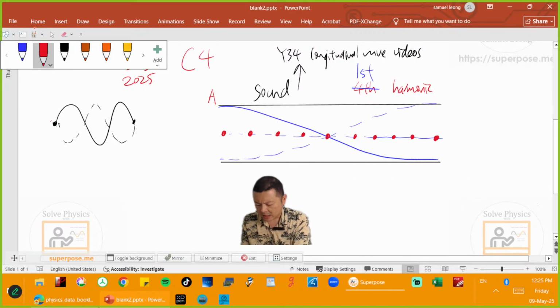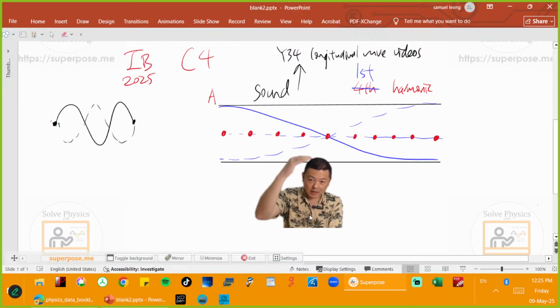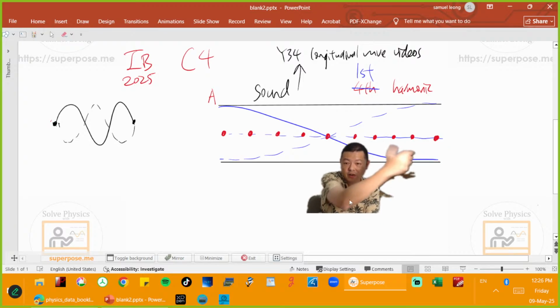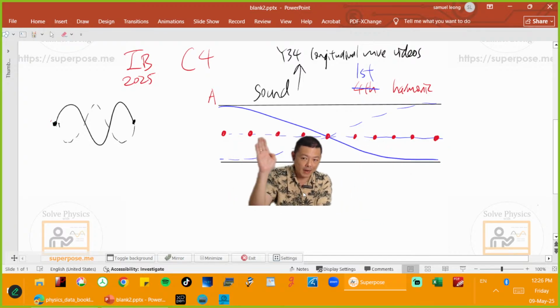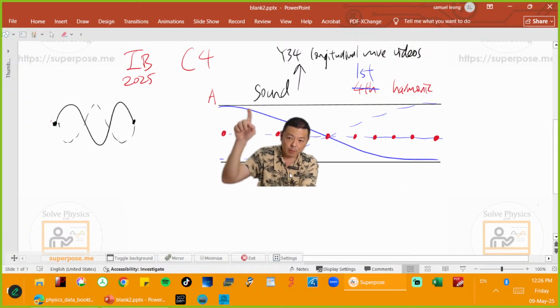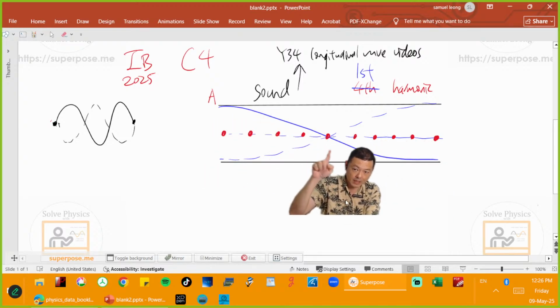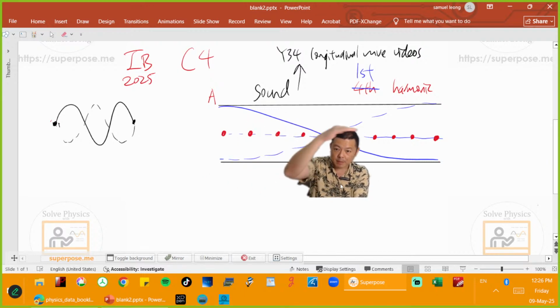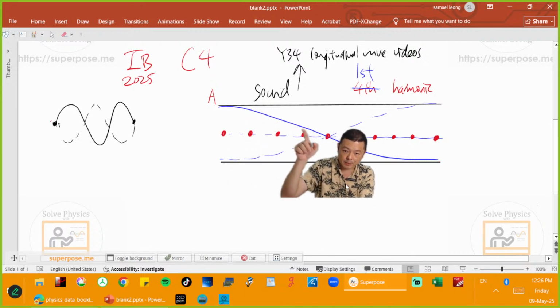Once the sound wave goes in and creates a standing wave, all your particles will start to have displacement. The blue line graph shows you the displacement. Anything positive, above the middle line, is positive displacement to the right.